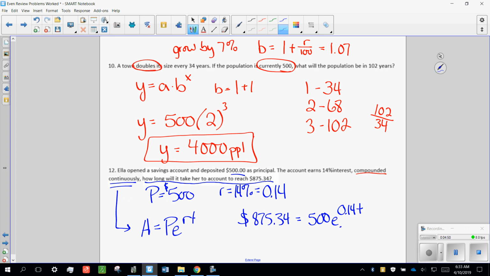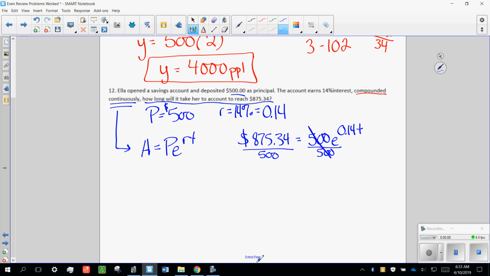And so what do we need to do now? We need to divide by 500. And then we have just a simple exponential equation: 875.34 over 500 is equal to e to the 0.14t. And now we can rewrite that as a logarithm. Remember the base is always the base.